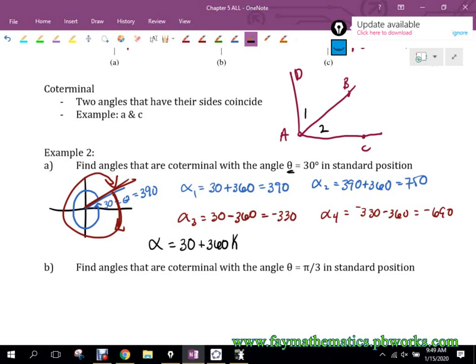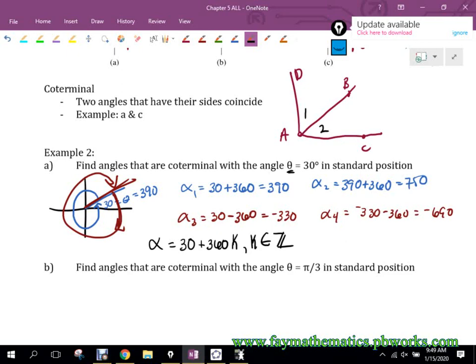If I want to subtract 720, K would have to be negative 2, right? So now I want K to be 0, 1, 2, 3, 4, or their opposites. What numbers are those? Integers. Okay. So I have to write here that K is an element of our integers. Okay. And then that equation generates for us all of our coterminal angles.